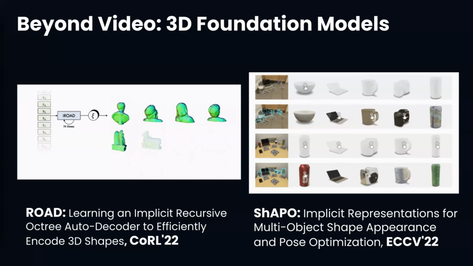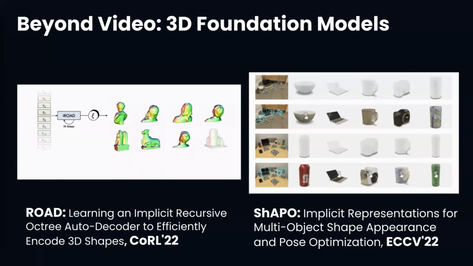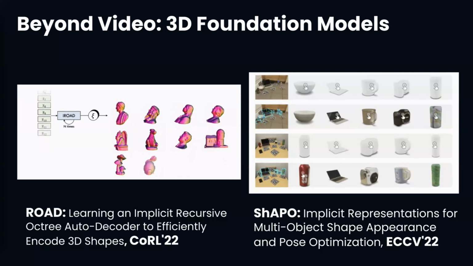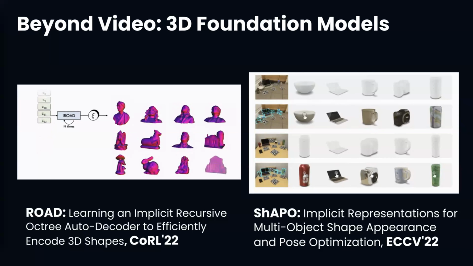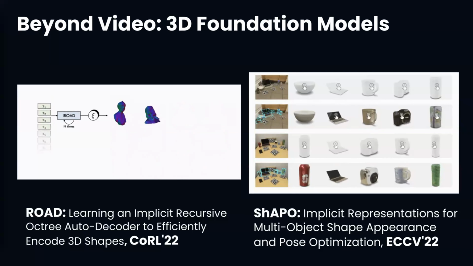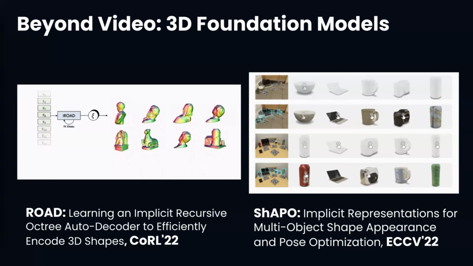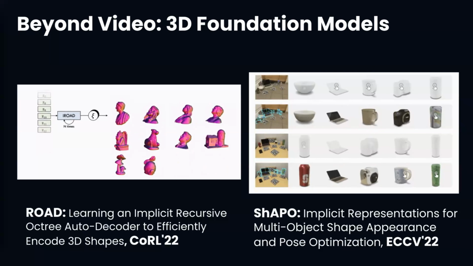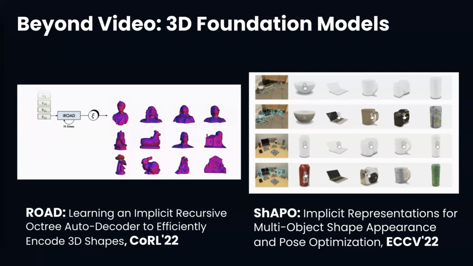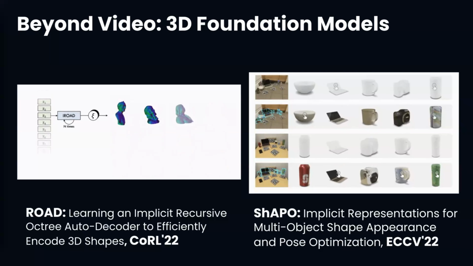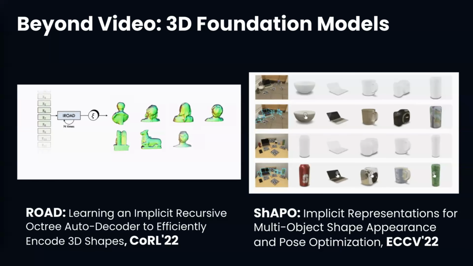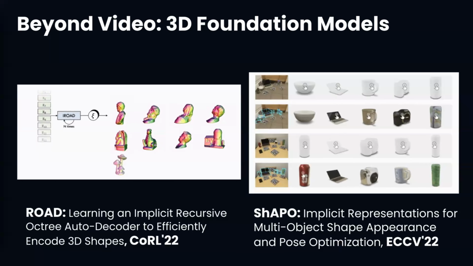So this is the ShAPO paper that we show on the right, which is not just about geometry, but also about texture, so appearance and geometry together. We also present a paper at CVPR where we do things for articulated objects. It's called CARTO, and also with multiple objects interacting with each other and predicting the dynamics. There's a couple of things I'll mention at the end of this talk.